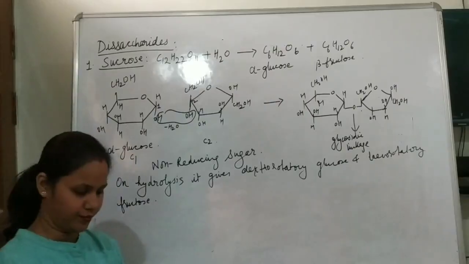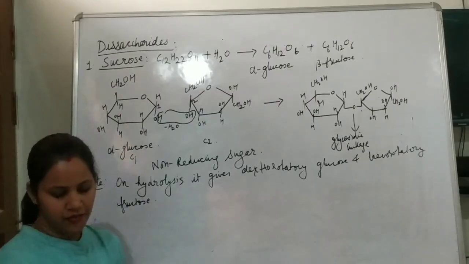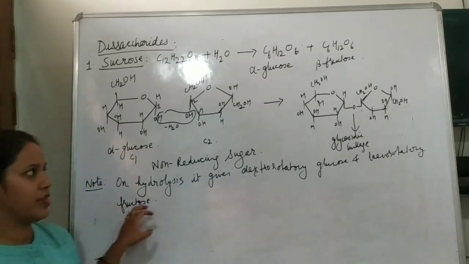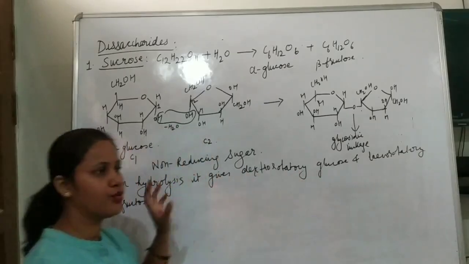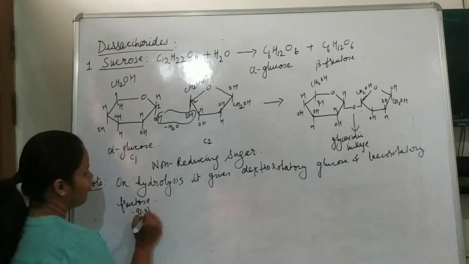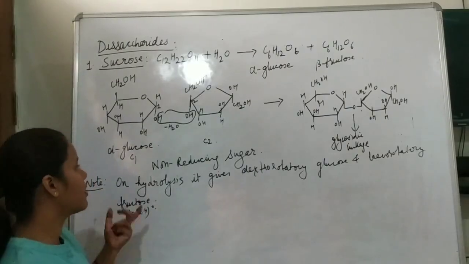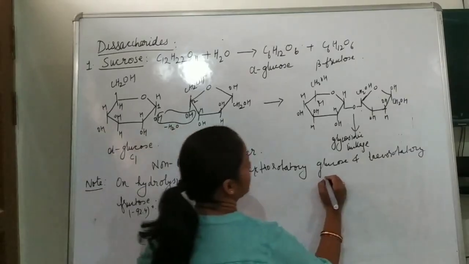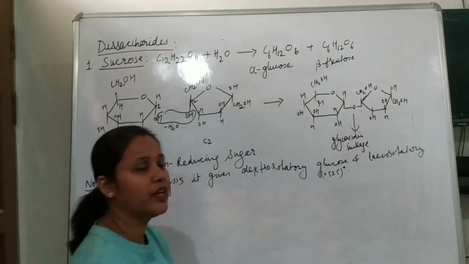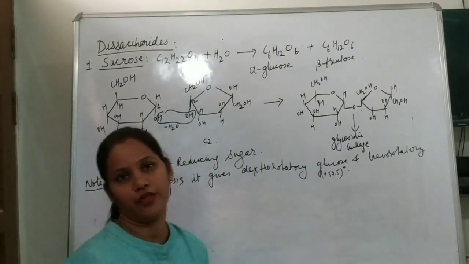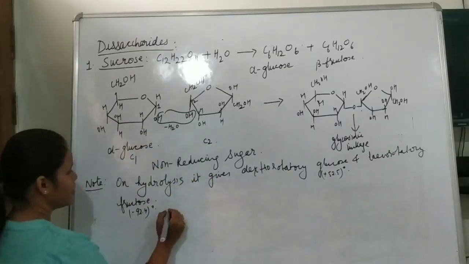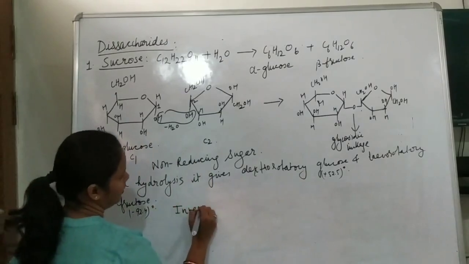Since the rotation of levorotatory fructose is greater, almost minus 92.4 degrees, as compared to dextrorotatory glucose, which is around 52.5 degrees, the mixture is levorotatory. There is also a question asked, what is invert sugar? So this is what an invert sugar is.